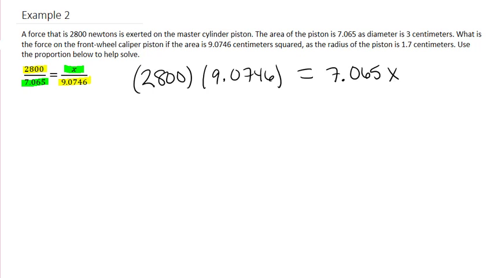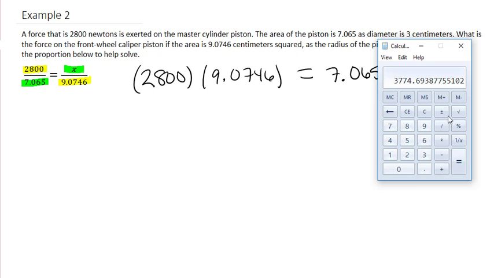So what we'll do is we'll get our calculators out. Then we multiply those two numbers on the left-hand side, and we get 25,408.88.